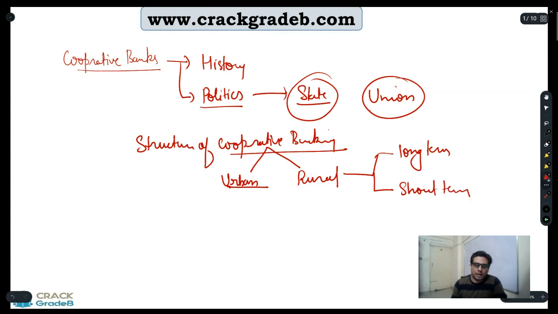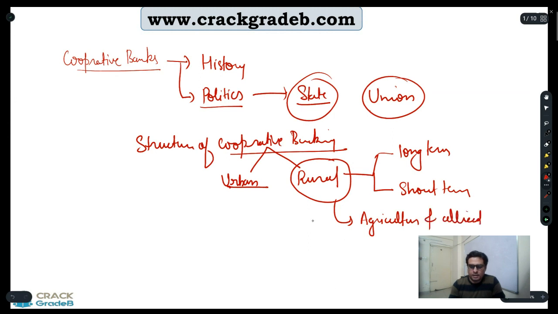Long term requirement and short term requirement, because in rural areas the monetary demand, or the banking services required, is in terms of agriculture and allied sector related requirement.